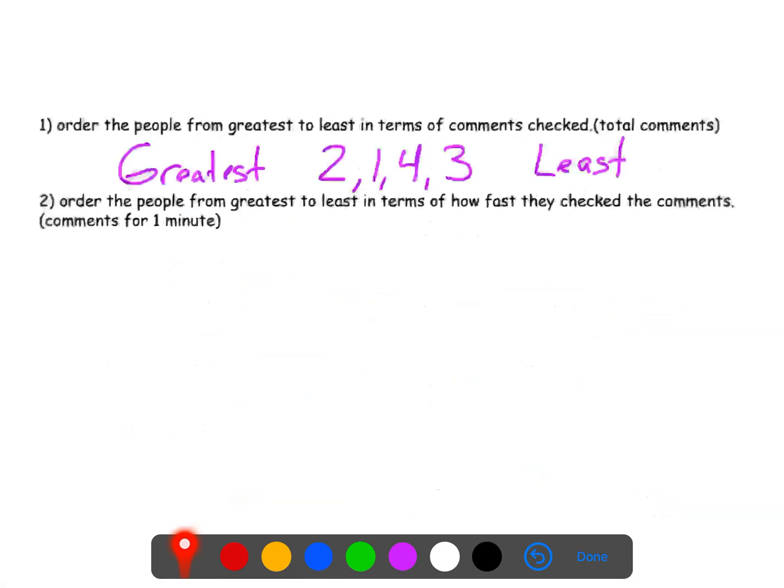So let's go ahead and do that. That would go in the order of 3, 4, 2, and 1. Now we'd have to make a decision there on who's going to be the better hire for the job, but this here is probably going to be the better way to compare those employees, knowing that they are checking more comments per minute, not necessarily looking at the total comments they checked, because it's not really a fair way to compare them.